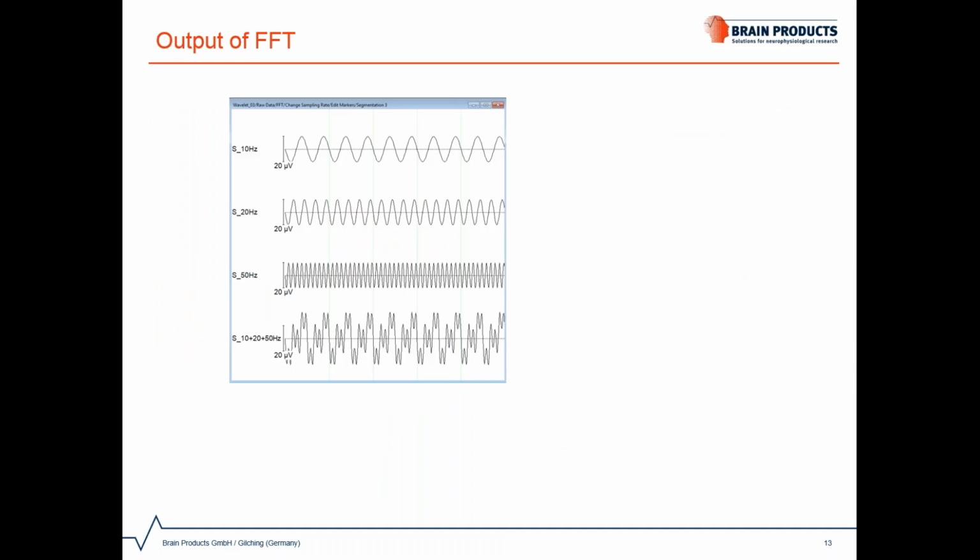Now, let's look at some simple rhythmic oscillations. In this example, we see 4 signals, each with a duration of 1 second. The first 3 sinusoidal waves oscillate at 3 distinct frequencies. If we take a closer look into the first signal, we can count 10 cycles within 1 second. This means that this signal oscillates with a frequency of 10 Hz.